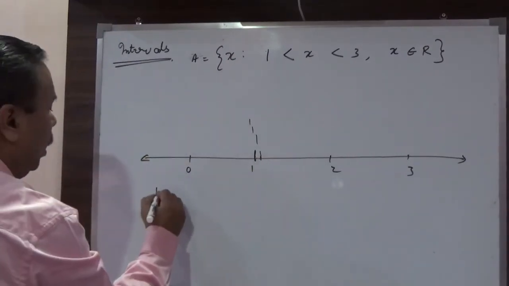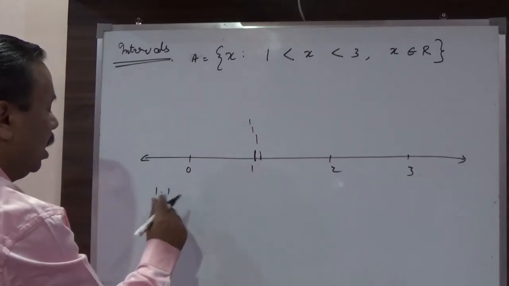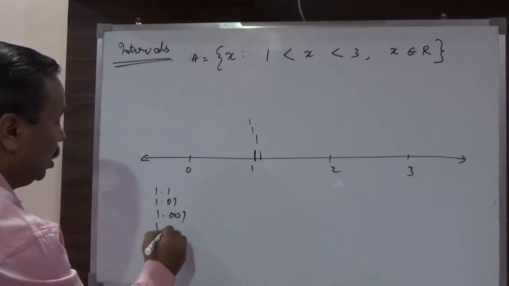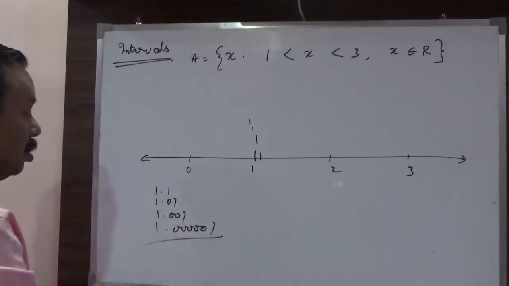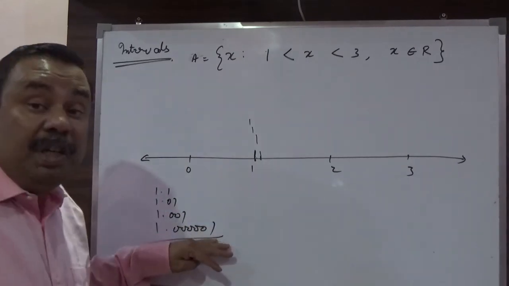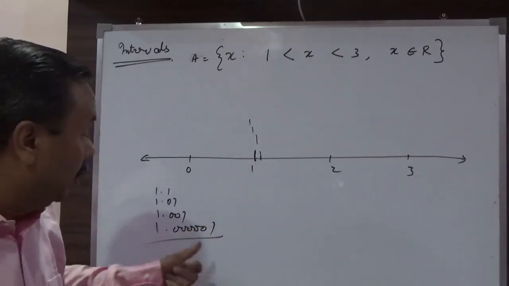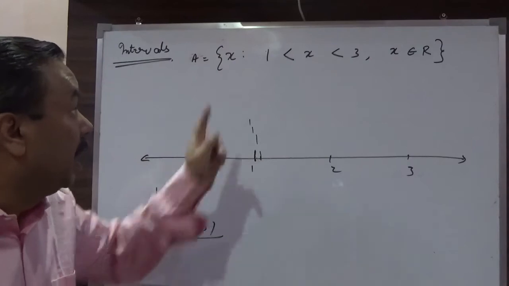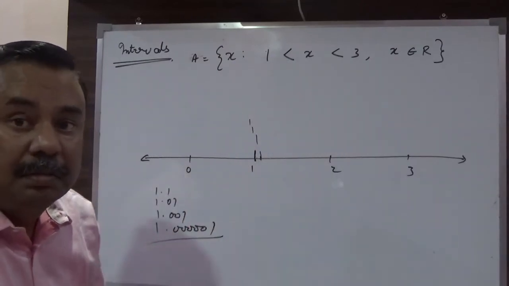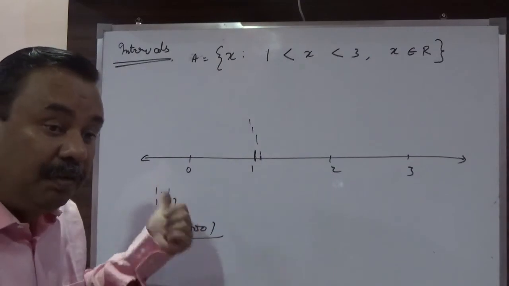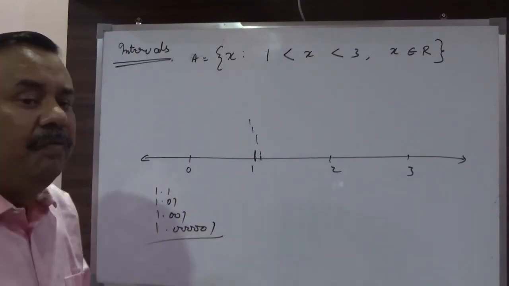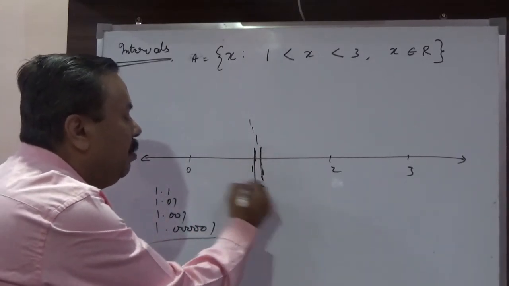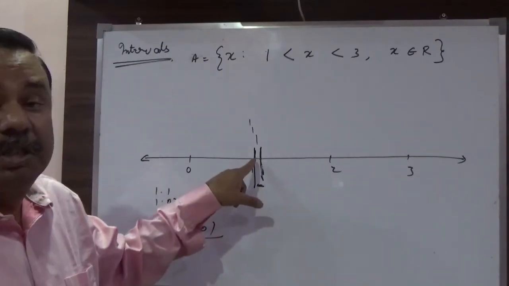For example, if I say 1.1, there is another number between, I can say 1.01, I can say 1.001, I can say 1.000001. So whatever number close to 1 you take, there will always be a number less than that number that will be greater than 1, which will not be equal to 1, and will lie between that number and 1.